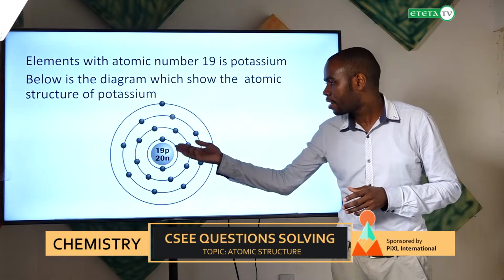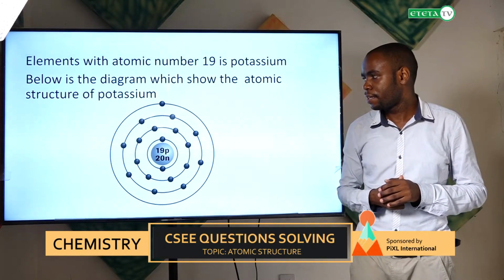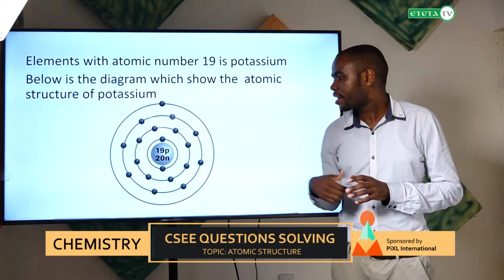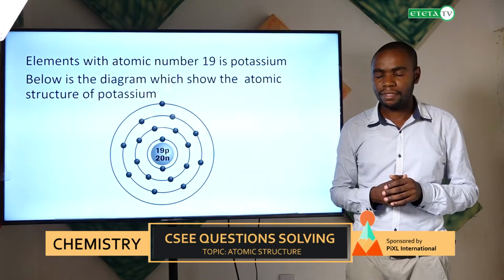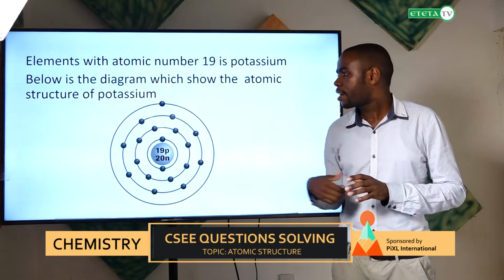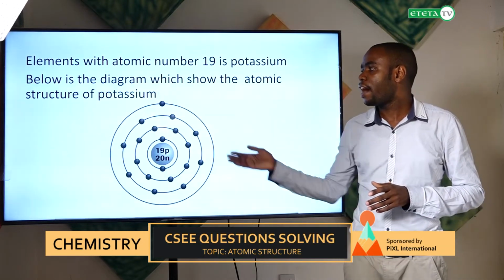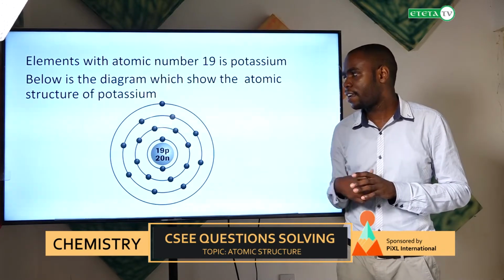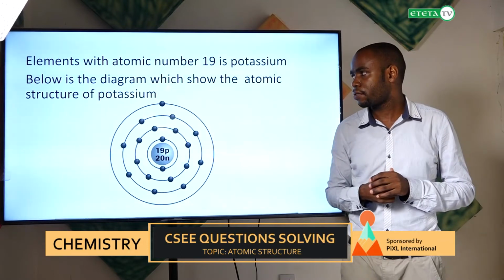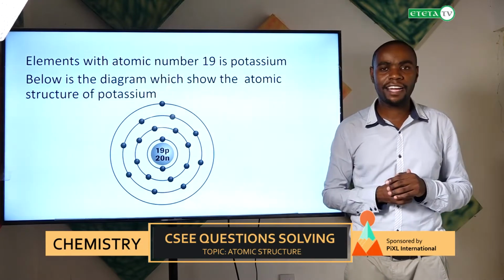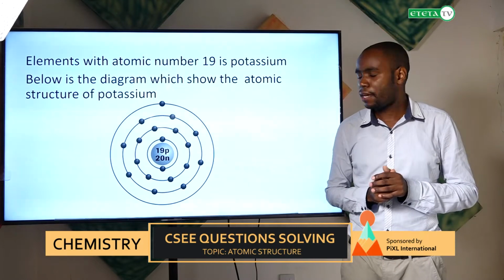The first shell carries 2 electrons. The second shell carries 8 electrons. The third shell carries 8 electrons, and the outermost shell, or the fourth shell, carries 1 electron. So this is the atomic structure of potassium.